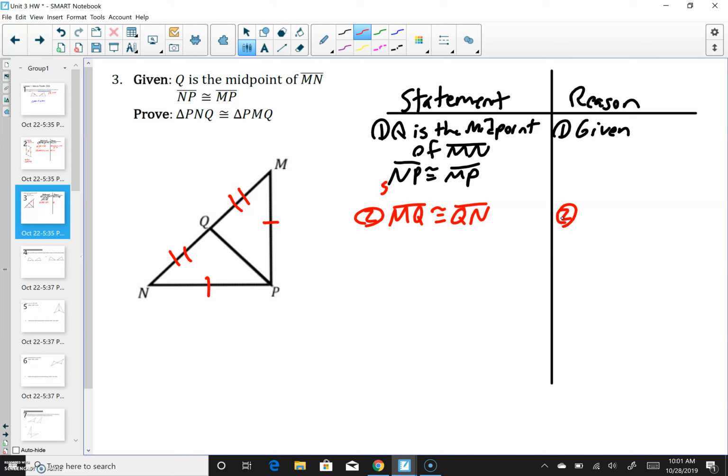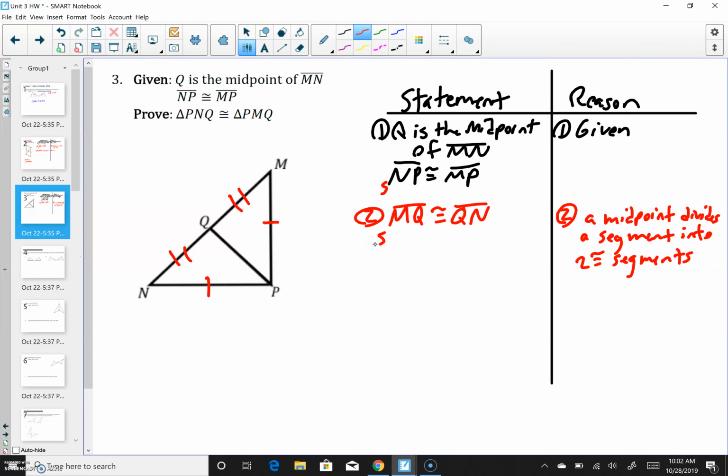And the reason for that, if we remember what a midpoint does, is a midpoint divides a segment into two congruent segments. So there's going to be our second side.